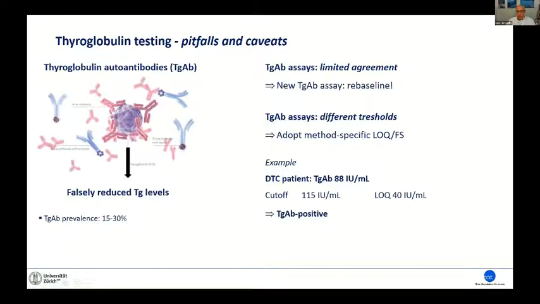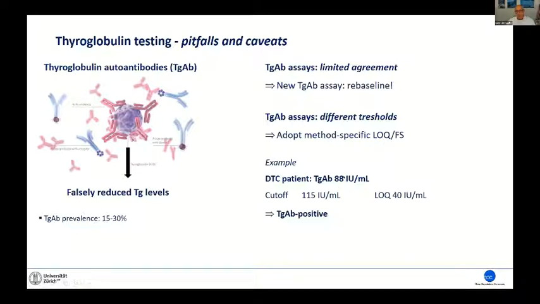This is an example using the Roche Elecsys method. The cutoff proposed by the manufacturer is 115 units/ml for the detection of thyroiditis. Then a value of 88 is negative. But if we consider the limit of quantification, that is the minimum concentration to define the presence or the absence of thyroglobulin antibodies, this is, of course, positive.